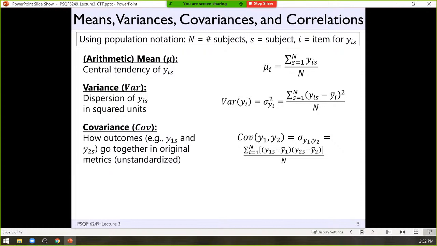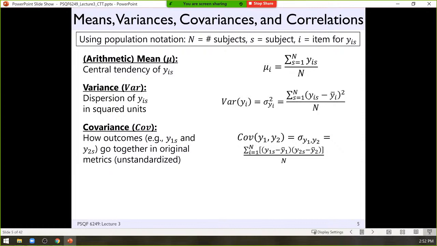If they're above the mean on both, that creates a positive covariance. If they're below the mean on both, it also creates a positive covariance. If one is positive and one negative, then that's a negative covariance. We don't typically report covariances because they're in a metric that isn't helpful. It's in the metric of the individual units of the variables.